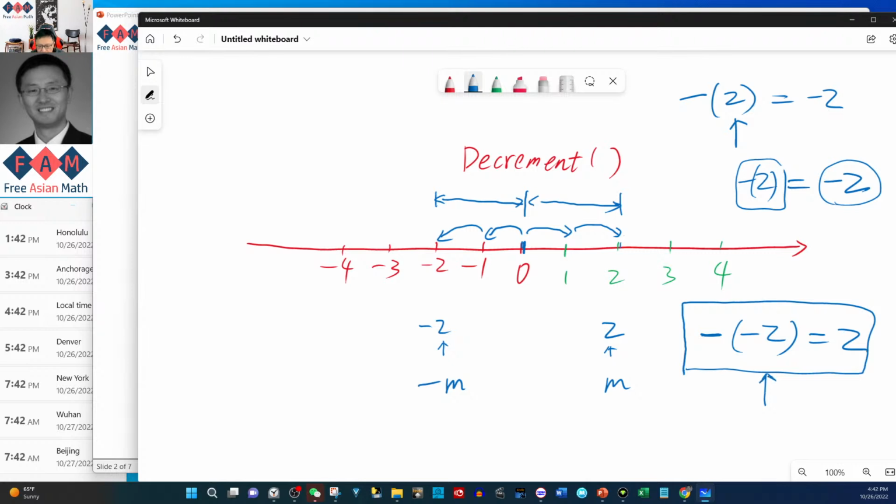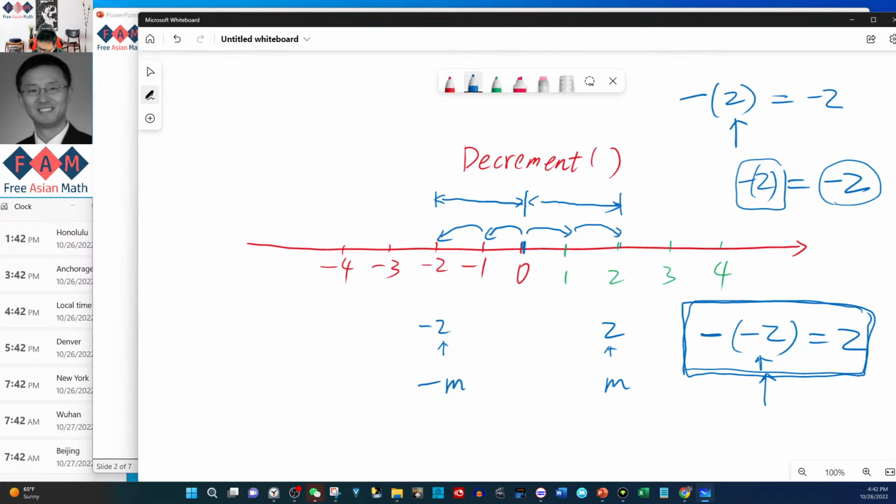But we can further define what happens if it's negative. We define that when this integer is negative and we perform negation, it becomes positive. That's actually how we define this, and this definition makes a lot of sense. It's always important to understand this is just a definition, nothing else.